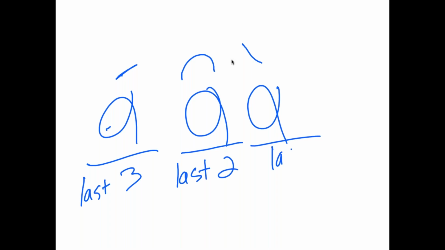Grave, last. Last 2 or 3 what? Syllables. But don't some occur right on the very first syllable? Doesn't it occur on the first syllable? If it's a 3-syllable word, it's still the last. If it's the first syllable in a 3-syllable word, it's still the last 3 syllables.